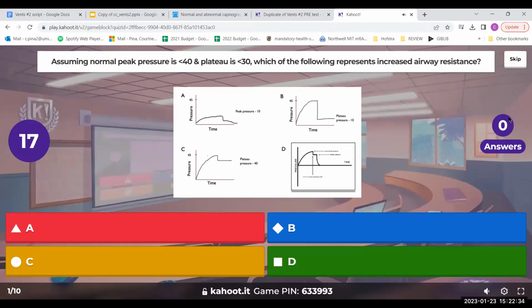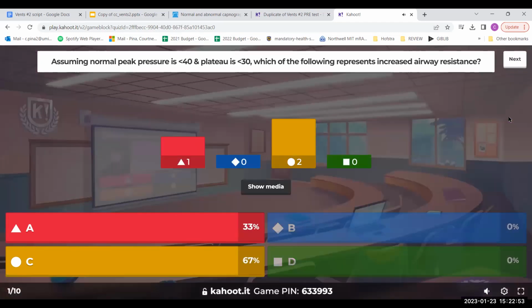So assuming normal peak pressure is less than 40 and plateau is less than 30, which of the following represents an increase in air resistance? Okay.